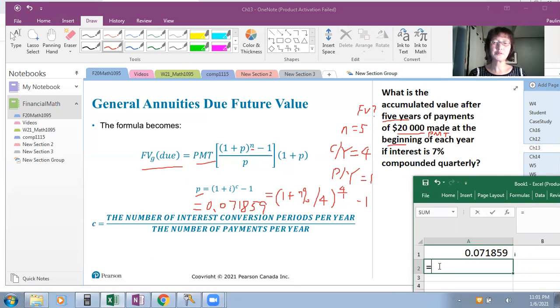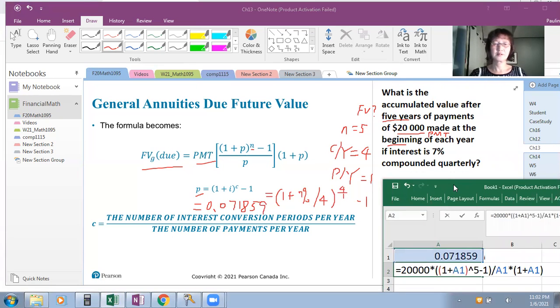So equals PMT 20,000 multiplied by bracket, another bracket, 1 plus P, raised to power N, N is 5, minus 1, this bracket divided by P, and times bracket 1 plus P. I'll double check my formula.